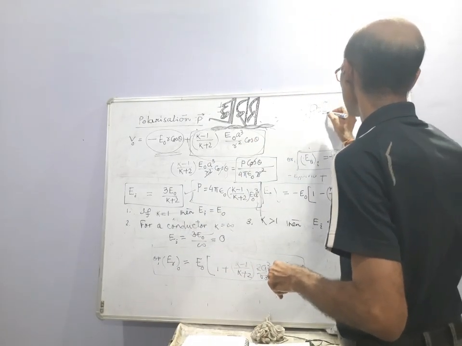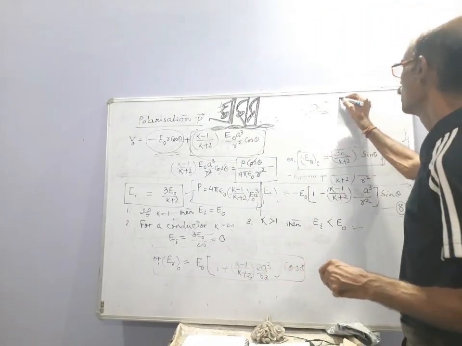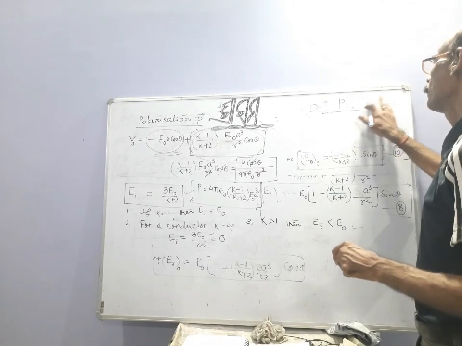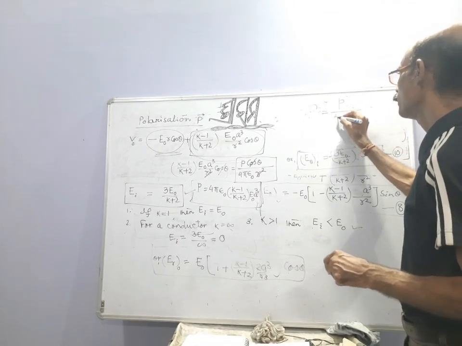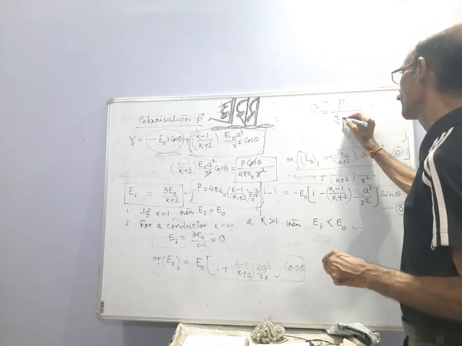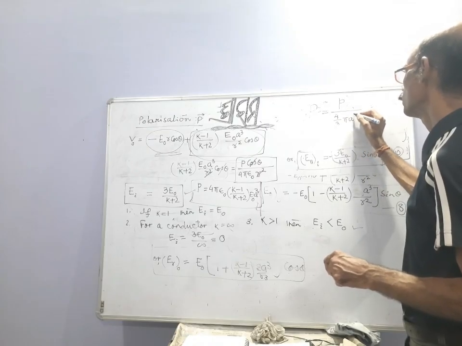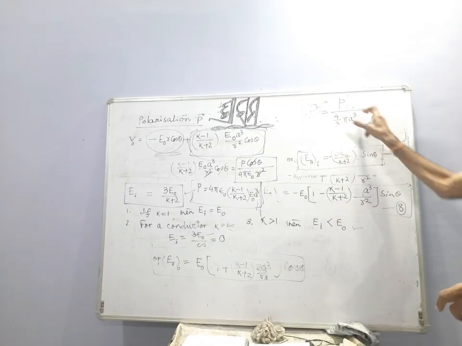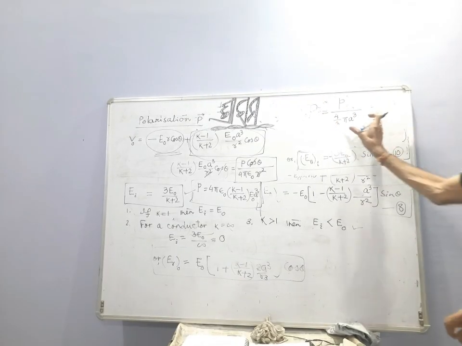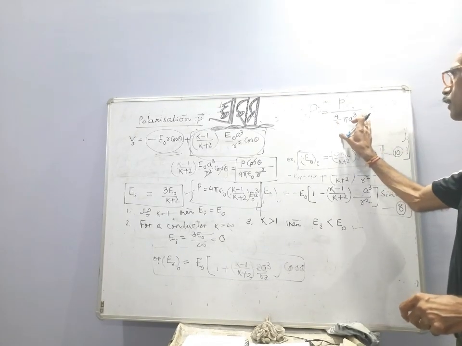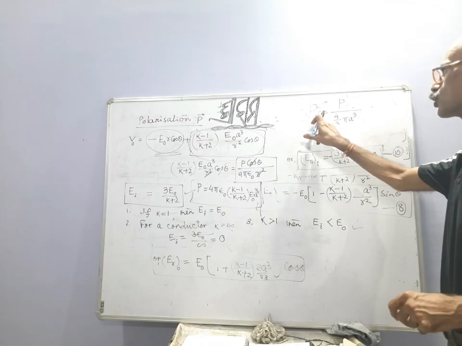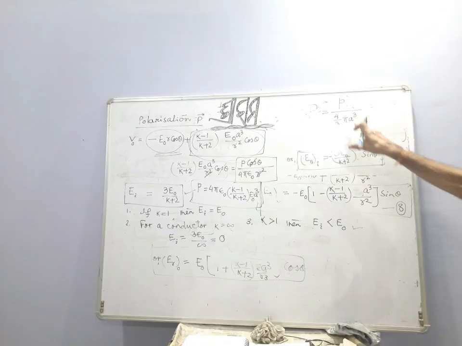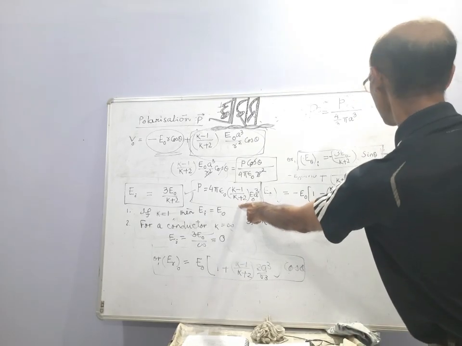From the definition, polarization is equal to dipole moment per unit volume, 4 by 3 pi a cubed. This is the volume of the dielectric sphere. So polarization is equal to the dipole moment divided by this much.